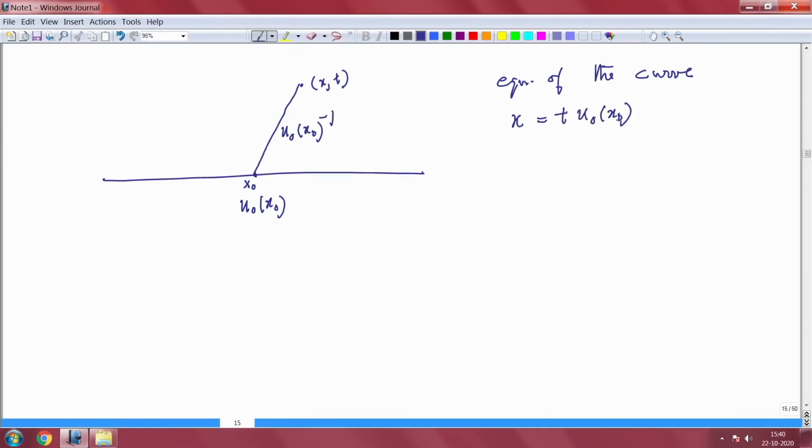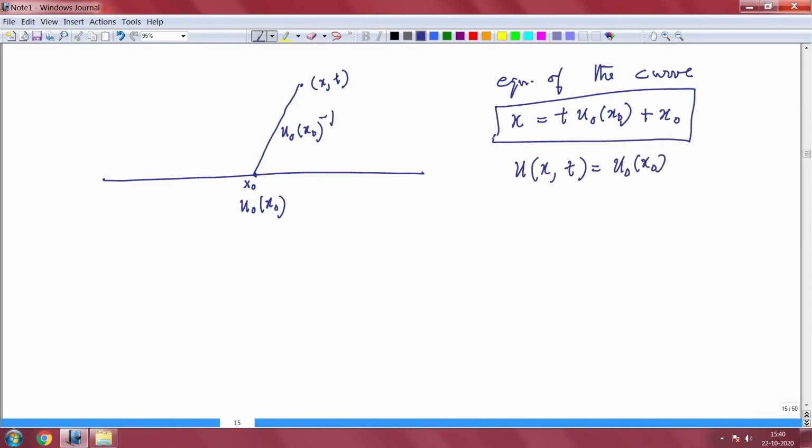So, it comes here and passes through x naught. This is the equation of the curve, and along the curve we already proved that u is constant and takes the value u naught of x naught. So, these are the two implicit forms.